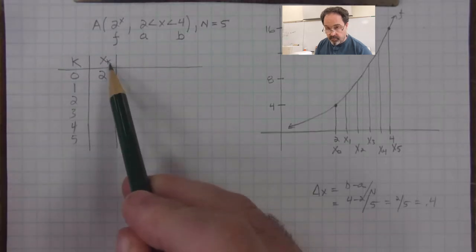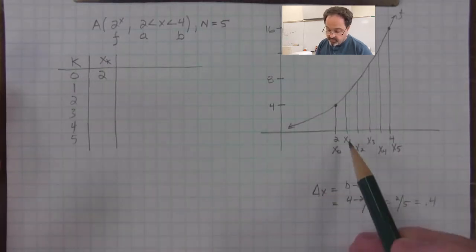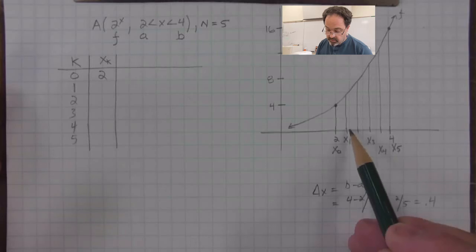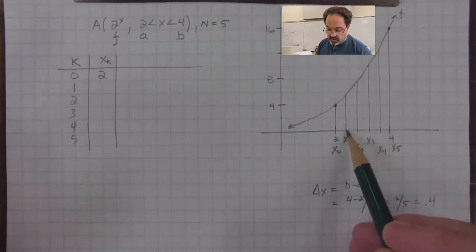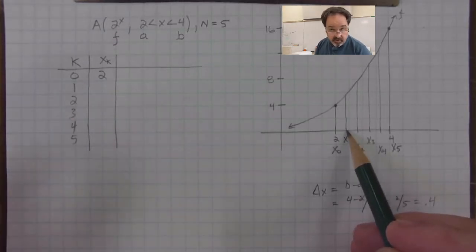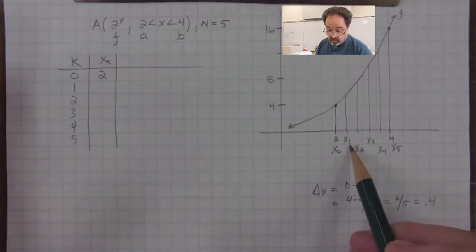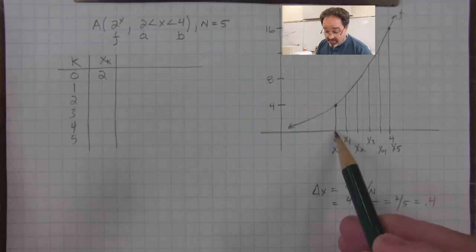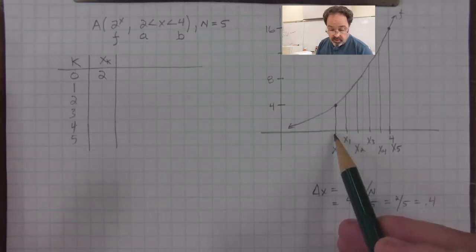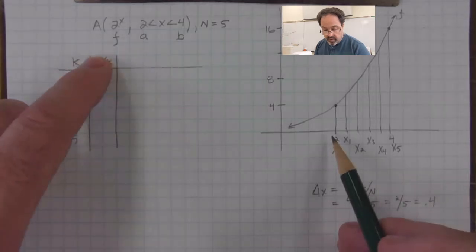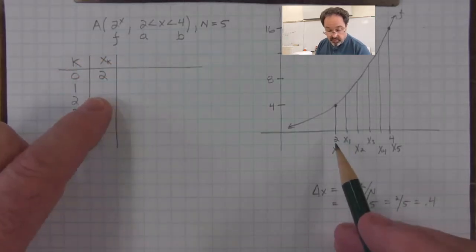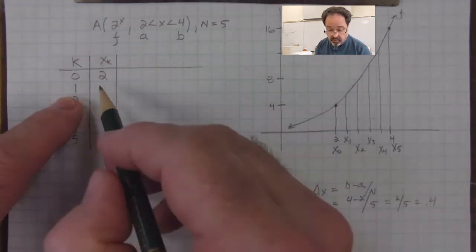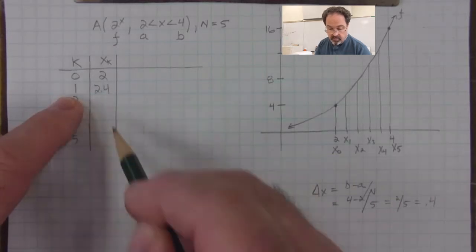What's x sub 1? The value on the horizontal axis that corresponds to a k value of 1, or we could say x sub 1 is going to be 1 delta x over from this 2. So the next value in my table that's important at a k value of 1 is 2.4.